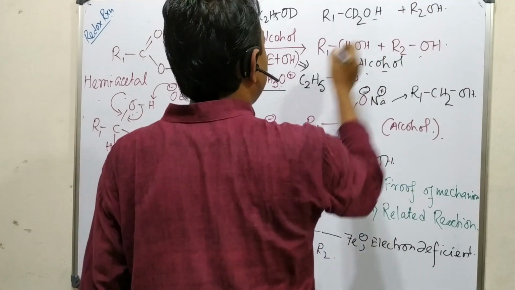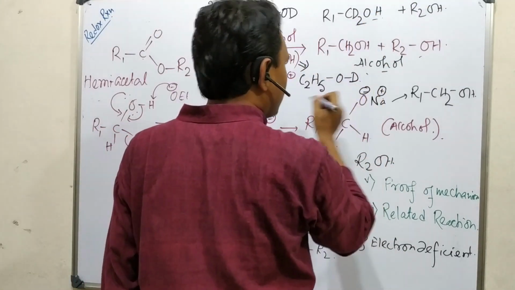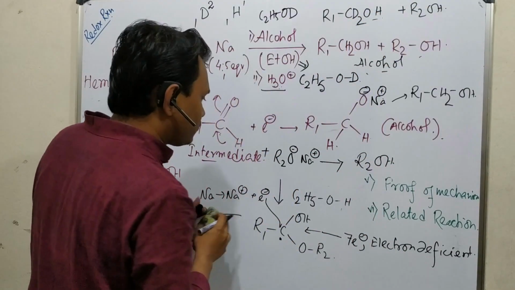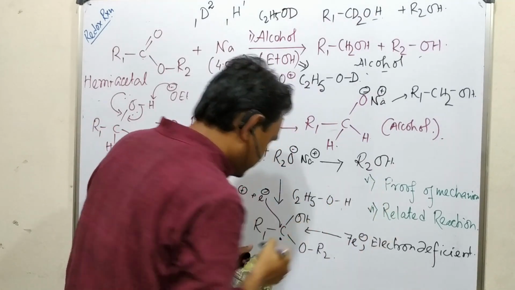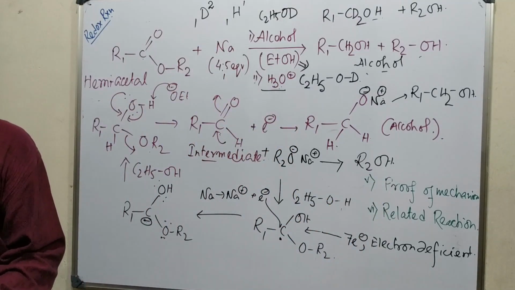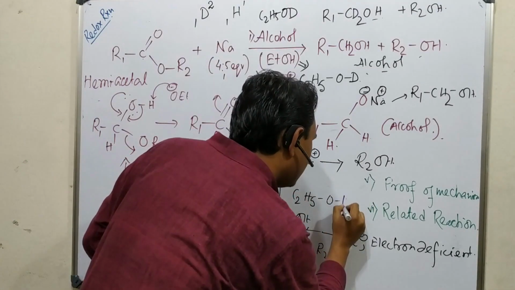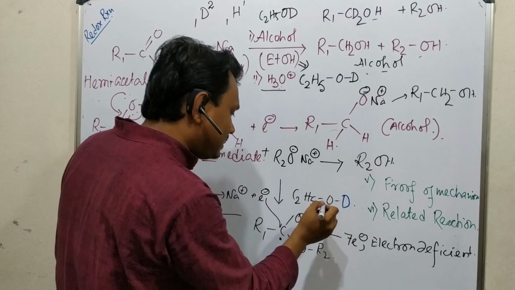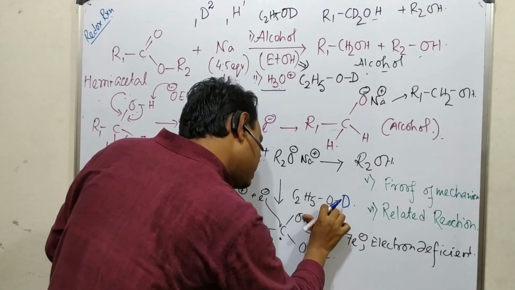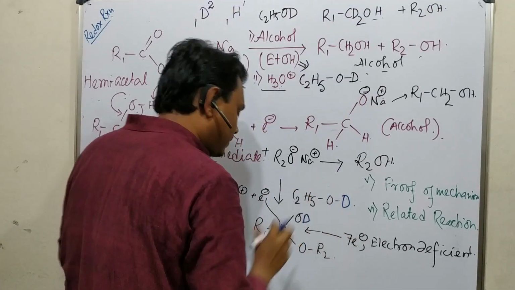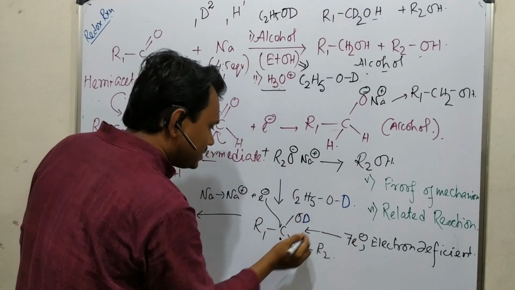But see, when the reaction happened, instead of this OH, if we write D, instead of this H, if we write D, what will happen? First of all you can think there is D, no problem. I'll explain, ultimately it will not be there.